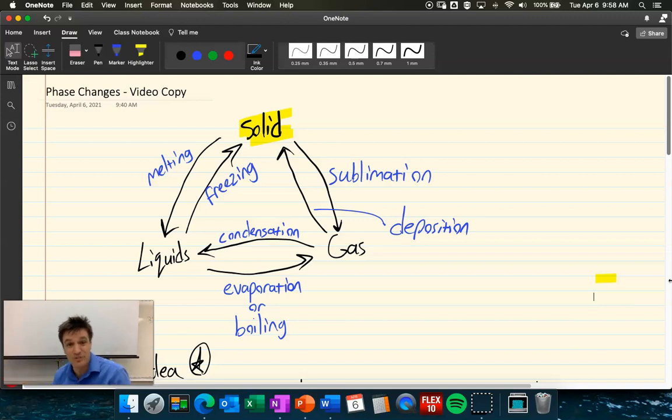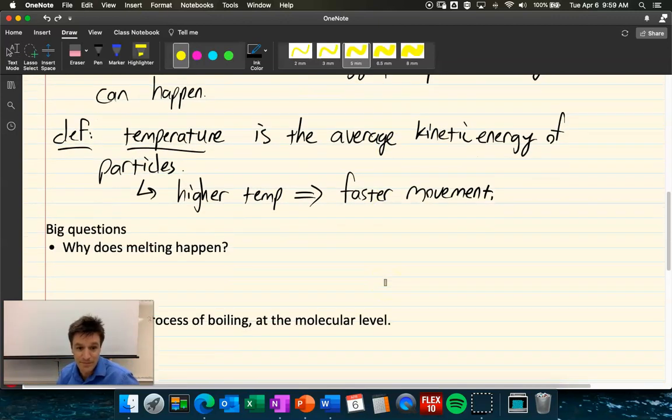It's a liquid now, so the particles are still touching each other, but now they're not stuck in their place. And if you keep heating it up even further on the stove, eventually that liquid water is going to boil. The particles move faster and faster and faster in the liquid until they have so much kinetic energy they don't even have to be next to each other anymore. They totally break free of each other. And now you have a sample that's boiling, okay?